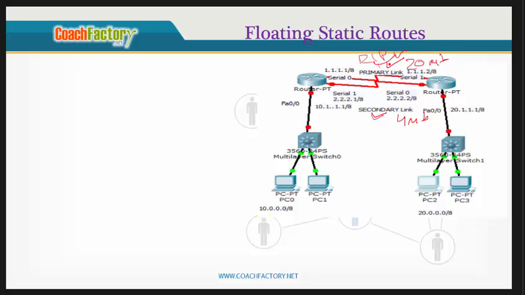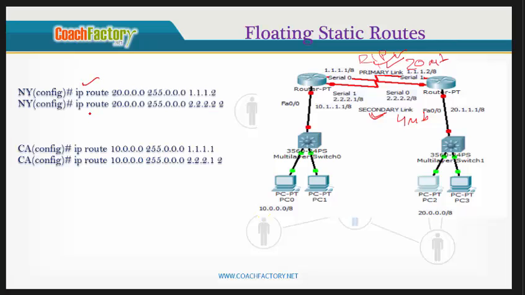So whenever this 20 MB connection goes down, I want all these users to communicate with each other using this 4 MB connection. Unless this 20 MB connection is available, the router should not use this 4 MB connection. So if we want to achieve this, we can use administrative distance for that.